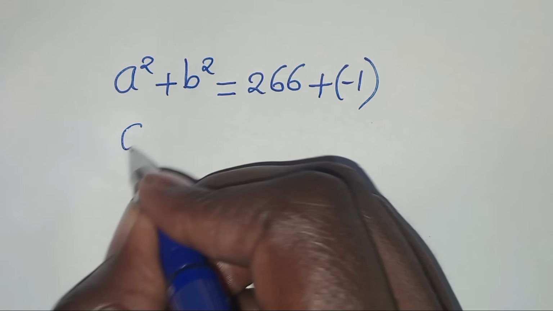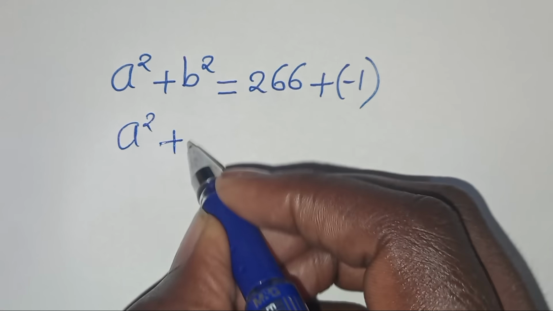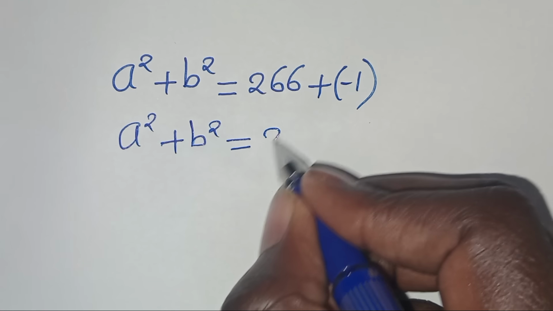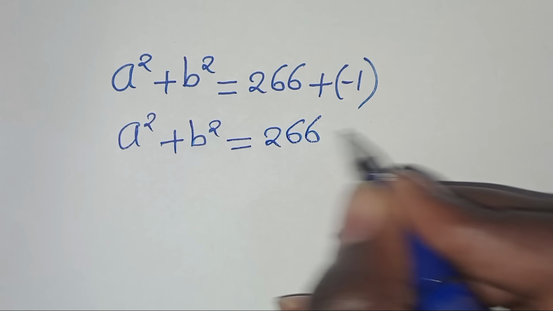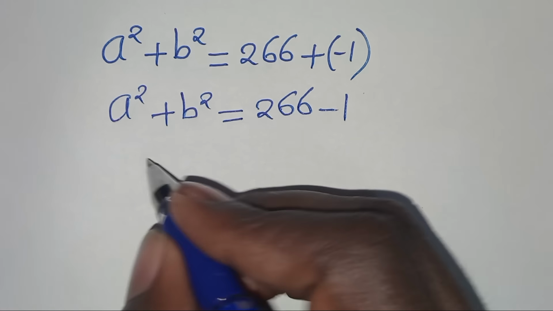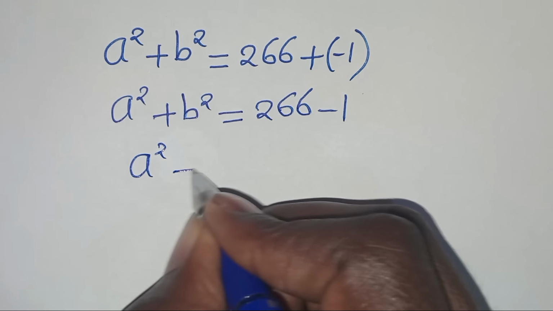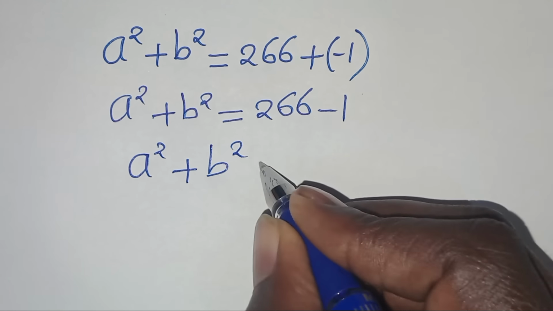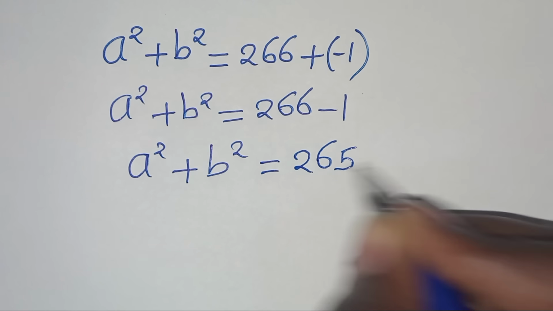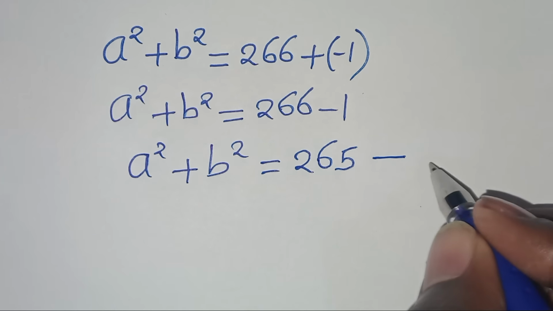Now we have a squared plus b squared equal to 266 plus times minus 1, this is negative 1. So that now a squared plus b squared is equal to 265. So let's call this equation 4.